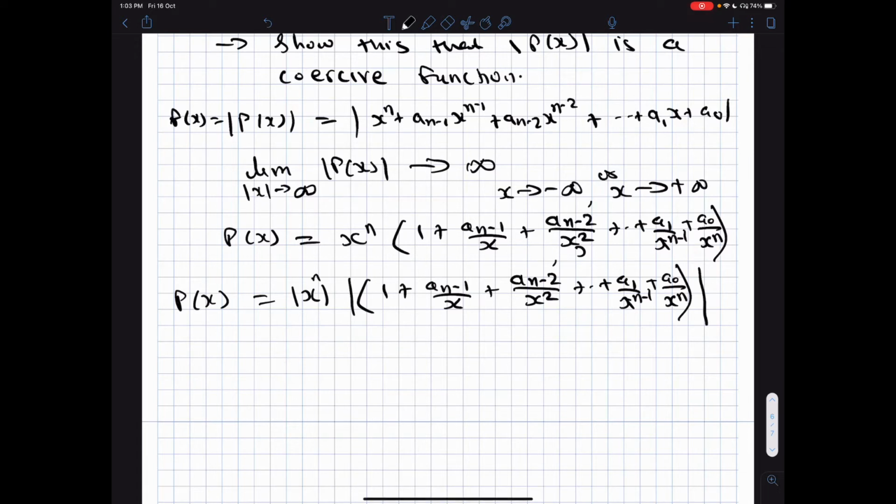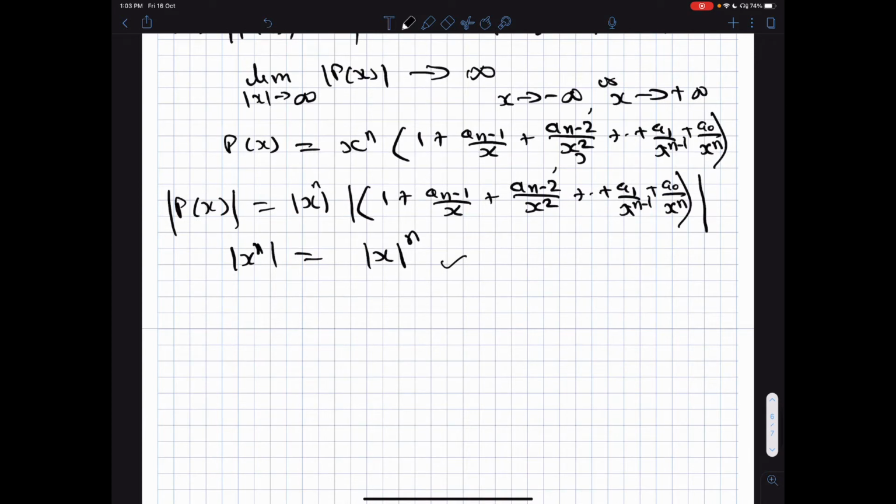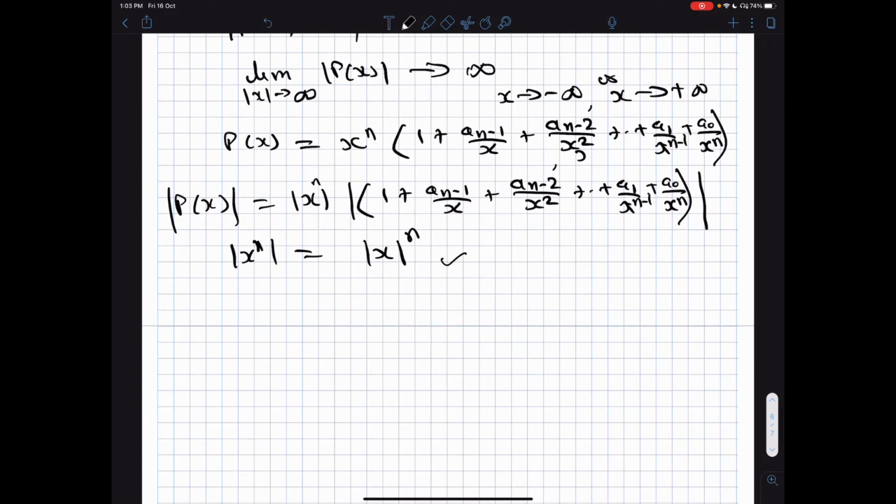So I'm going to write modulus of P of x as this, and now this is the same as this. Do you agree with this or not? I think I don't need to expand this further.